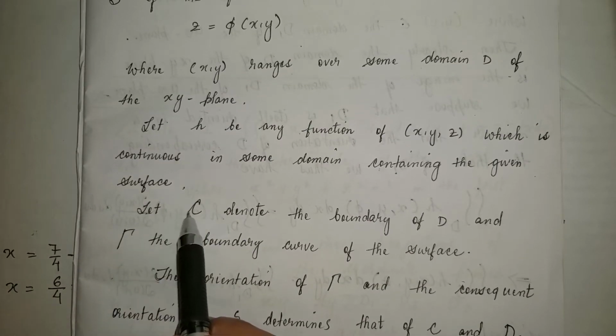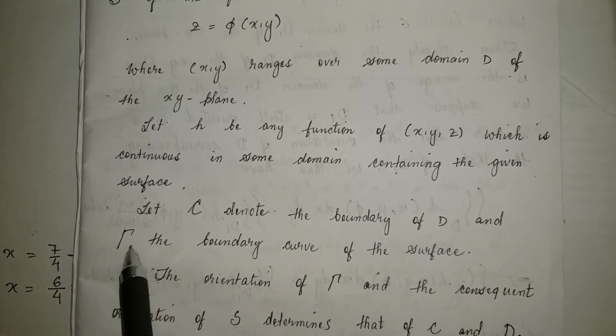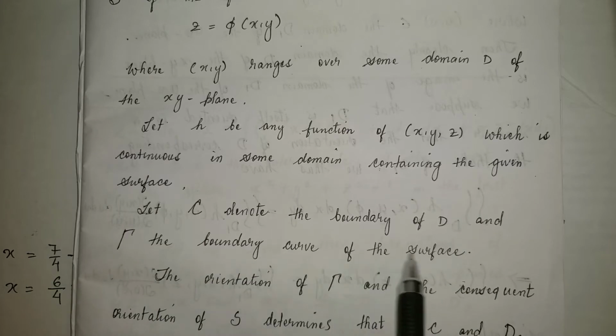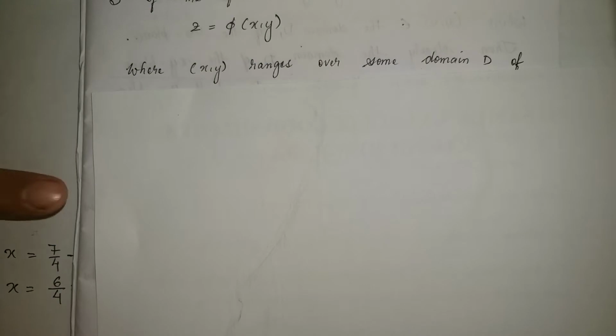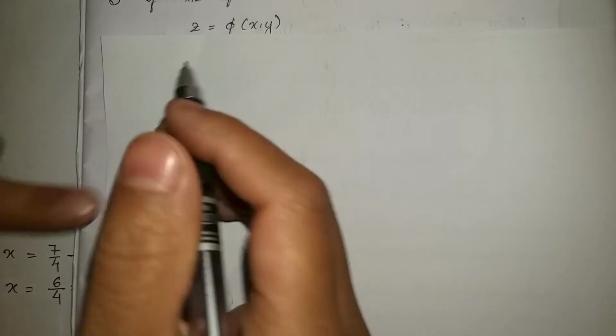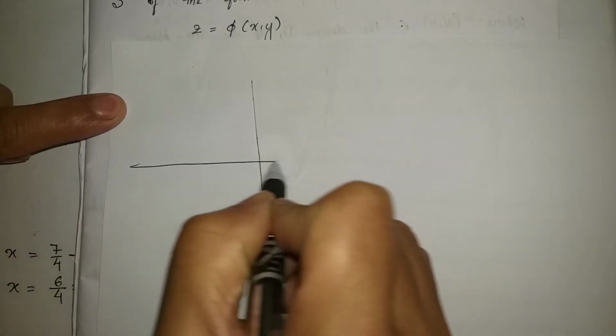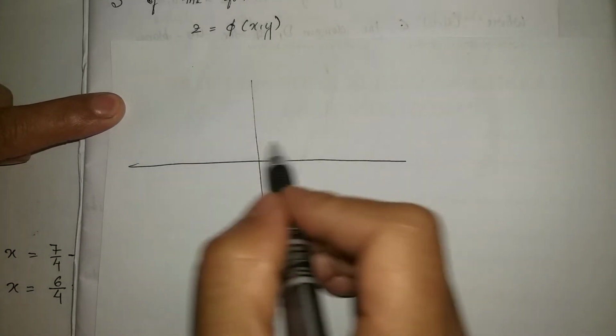Let's see, denote the boundary of D and draw the boundary curve of the surface. Let me explain with an example. Suppose we have a surface, a unit sphere. Let me draw a unit sphere.